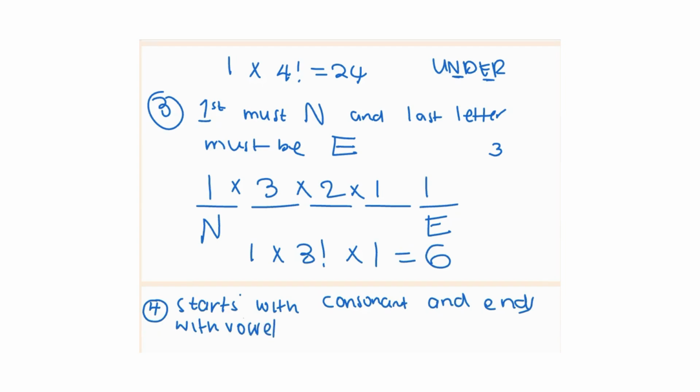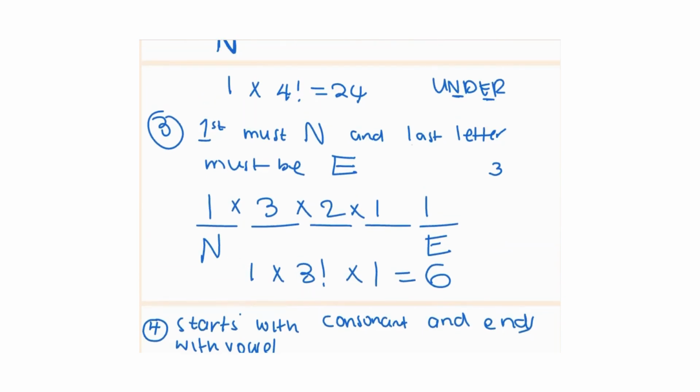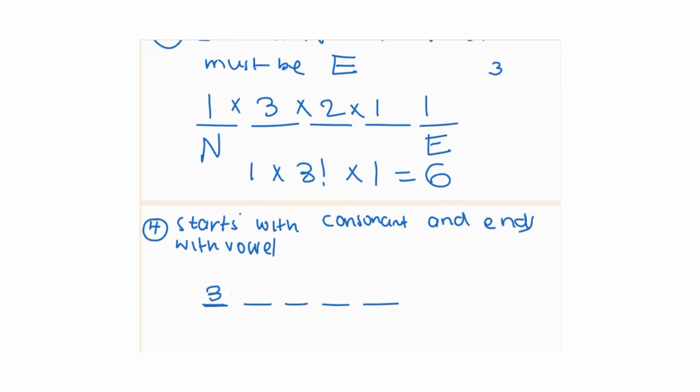So remember guys, when we did the basics, we said consonants, anything else that is not a vowel. Your vowels are A, E, I, O, U. So now you're going to say 1, 2, 3, 4, 5. The first position must be a consonant. How many consonants do I have? I have N, D, R. So I have 3 consonants, meaning I'm going to choose from 3 letters.